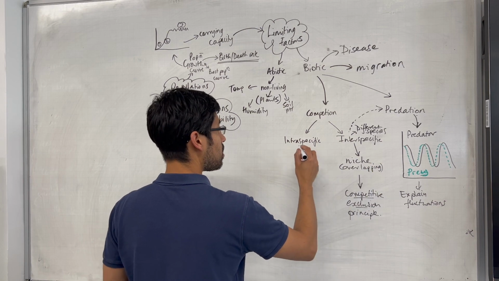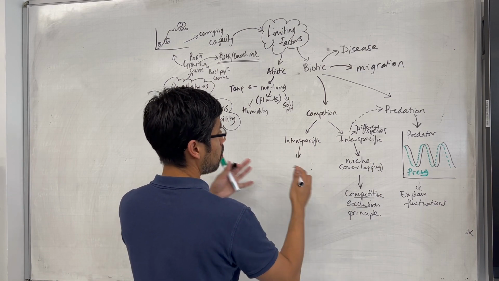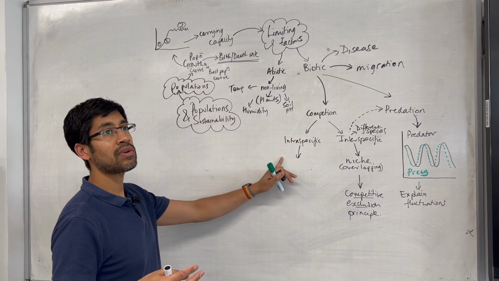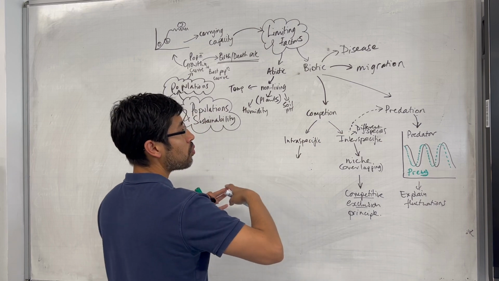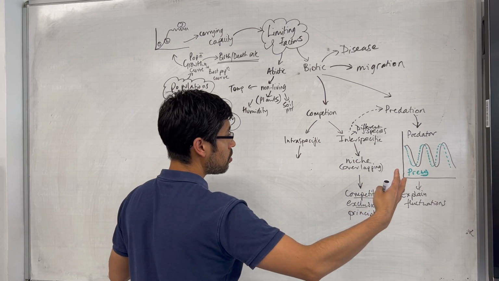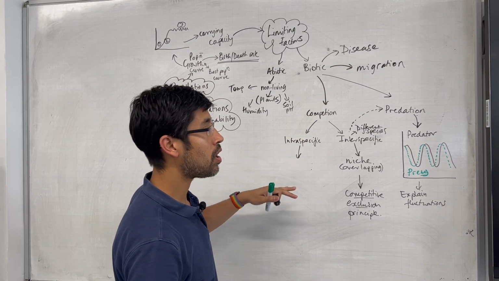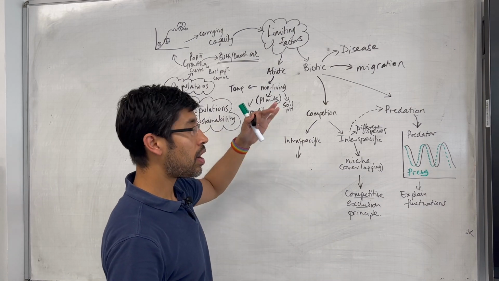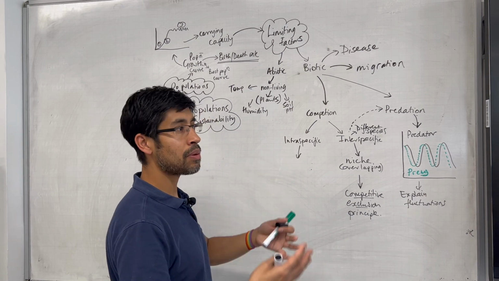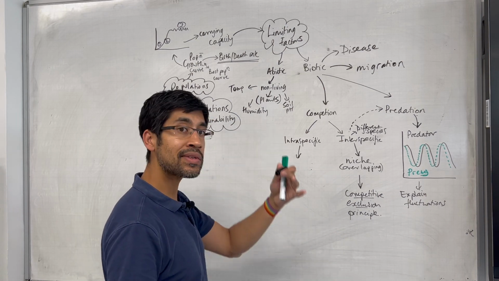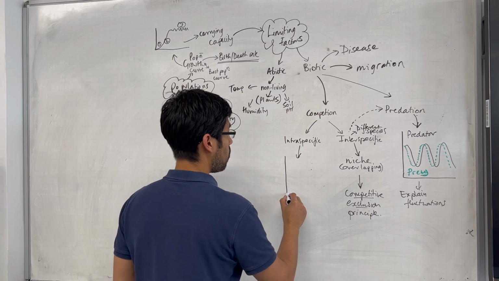Intraspecific is similar. In intraspecific, obviously, all the organisms have exactly the same niche. When the availability of food is good, when the resources are available, then their numbers are high. When the numbers are high, the resources will be depleted more quickly, and so there might be increased competition, so the numbers decline, and this repeats over time.